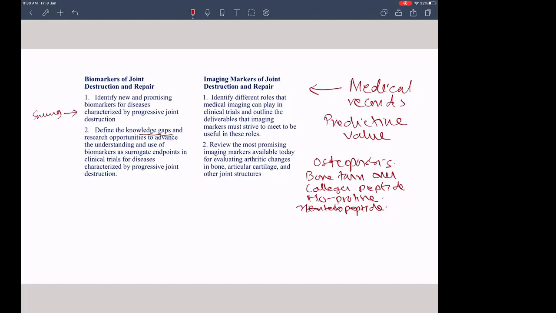So you could do a DEXA scan, which is a modified kind of X-ray, a radiological investigation, or you could do the urine test for N-telopeptides. And the urine test may be easy and simple.